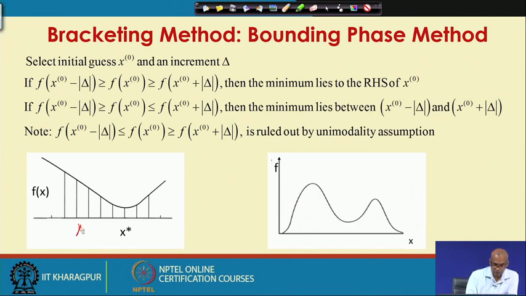You consider this as x 0, this is x 0 minus delta, and let us consider this as x 0 plus delta. So, note here this is satisfied. So, the minimum lies on the right hand side of the x 0, which is true.